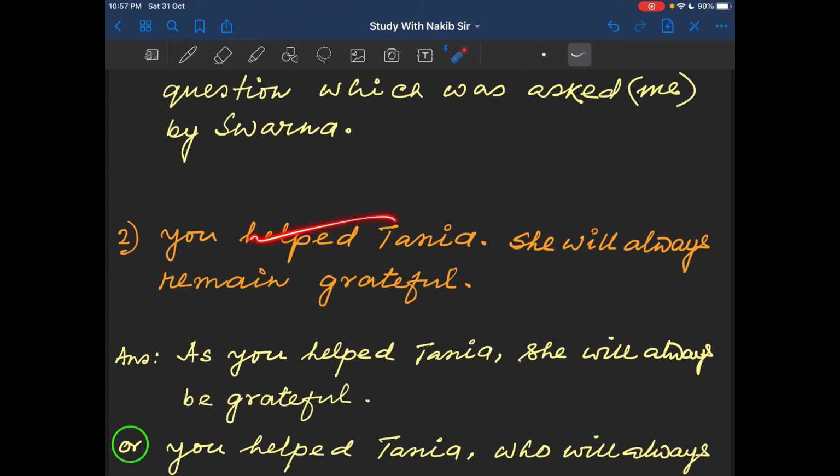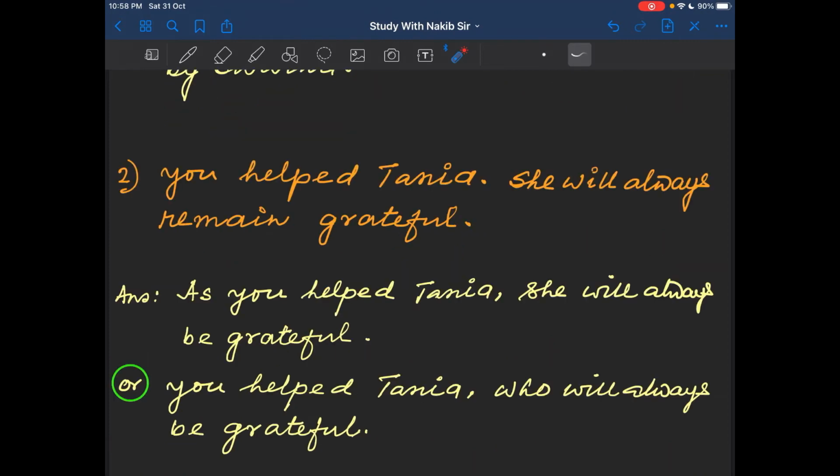You help Tanya, this is the cause, and she will always remain grateful, this is the effect. So use as or because, or use "and he". Tactfully, you cannot use "and you know".